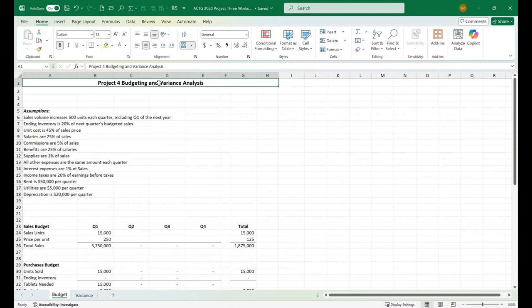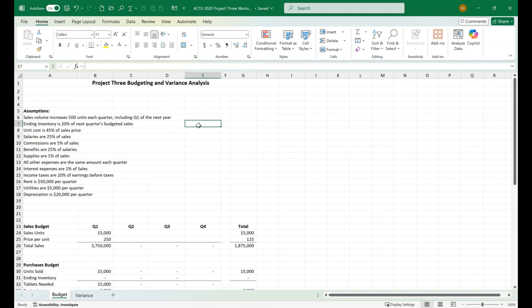This is the instructions for project 3. It says project 4, but I also use this in other classes, but this is project 3, which is budgeting and variance analysis.